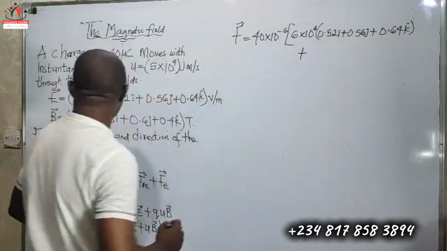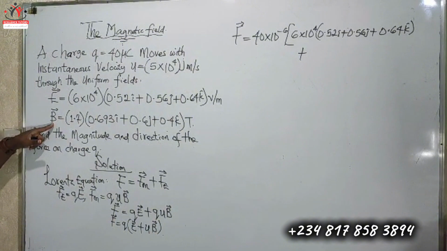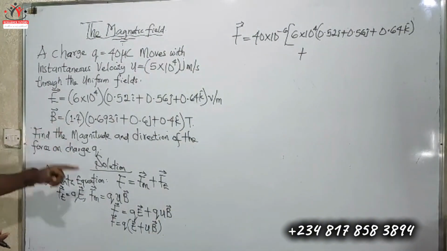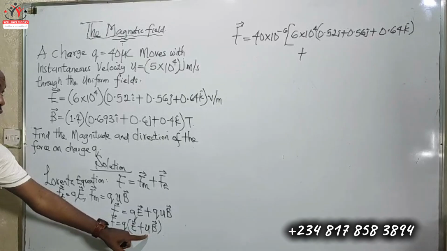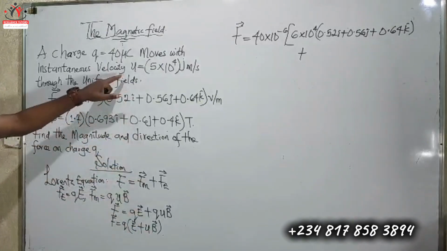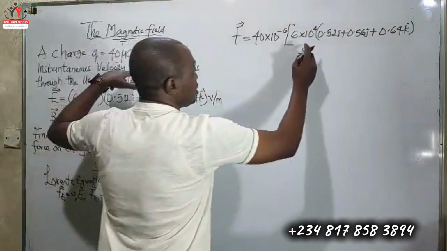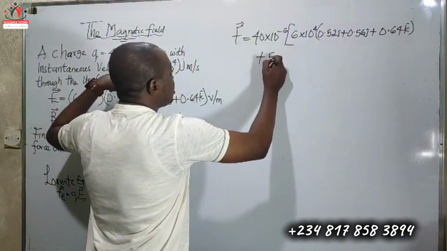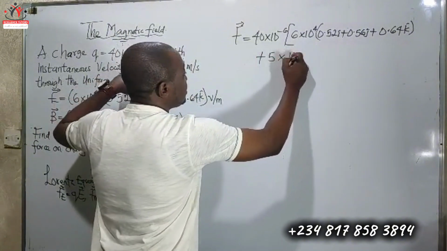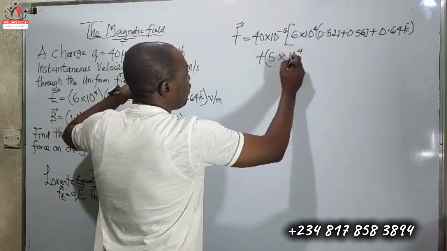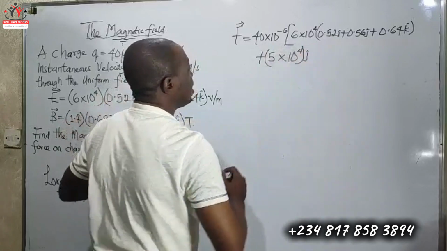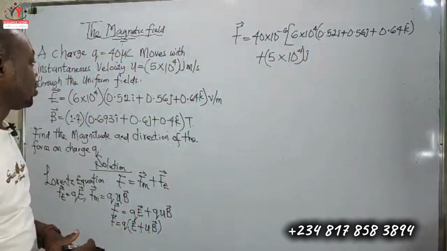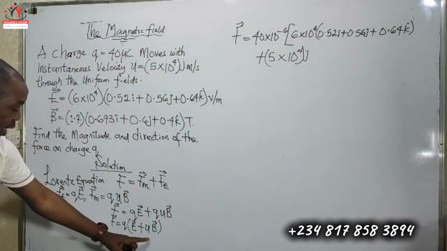Then plus, we are also given the magnetic field vector. But don't forget, we also have u, the instantaneous velocity, which is 5 times 10 raised to the power of 4j, the unit vector in the y direction.